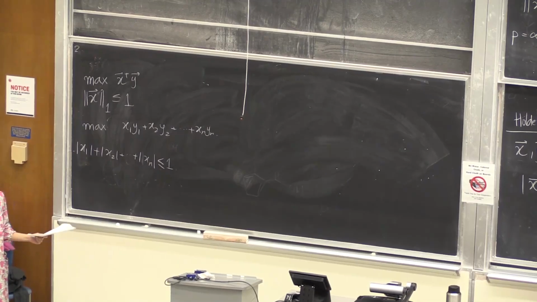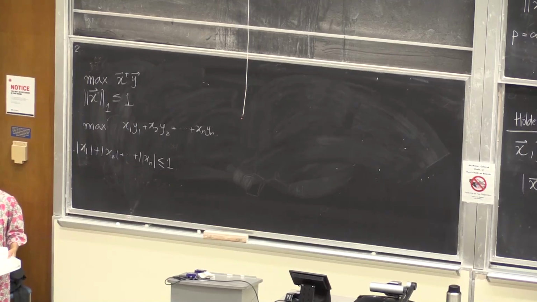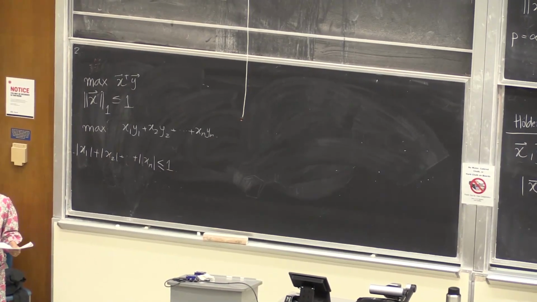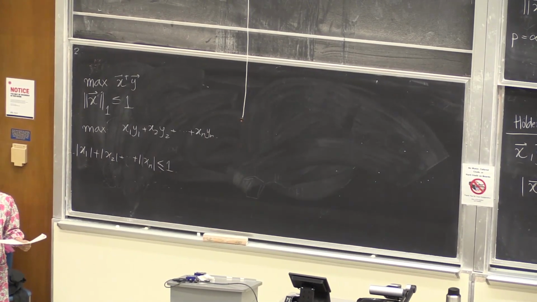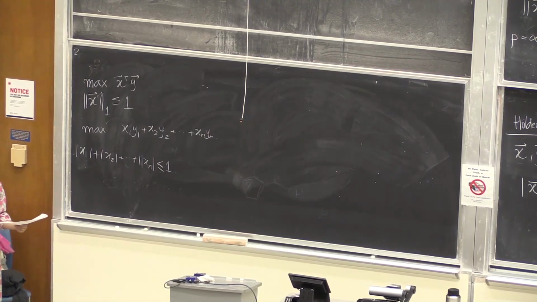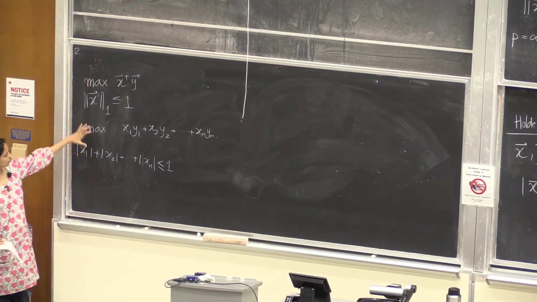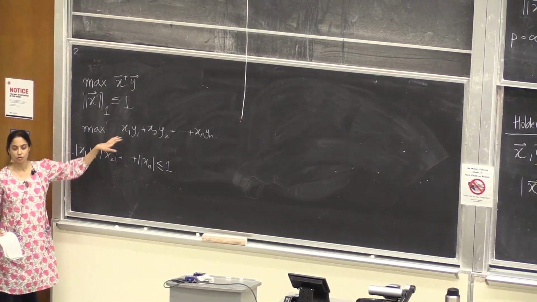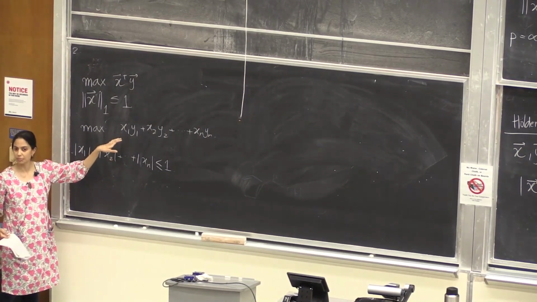There are times when it's useful to write it as norm x times norm y times the cosine of the angle. And depending on the context you're in, trying out these different forms can sometimes help you make progress. Okay? So different representations are a good tool to have in your back pocket when you're trying to do proofs and things like that. But here I'm trying to go for similarity. Here I have something about the sums of the x's, so here's something also similar to the sums of the x's. Okay?